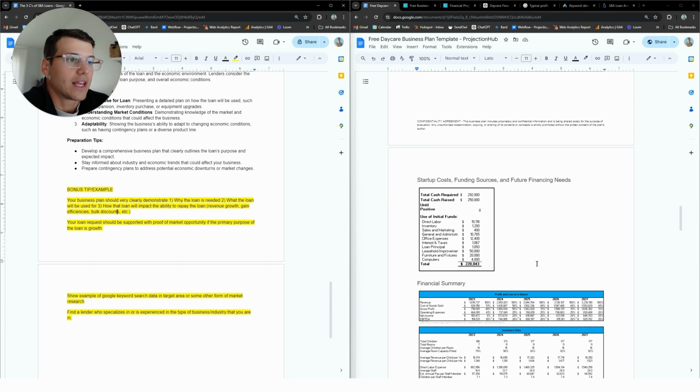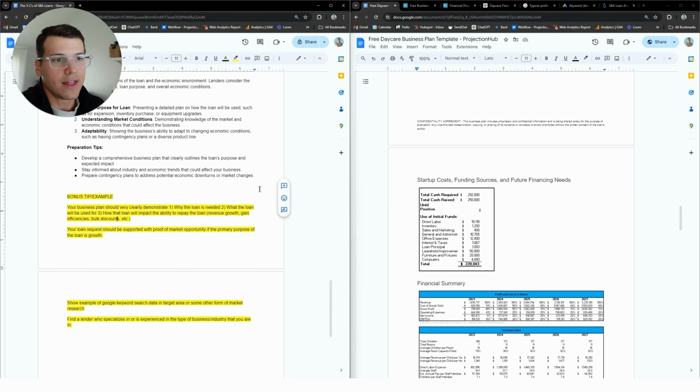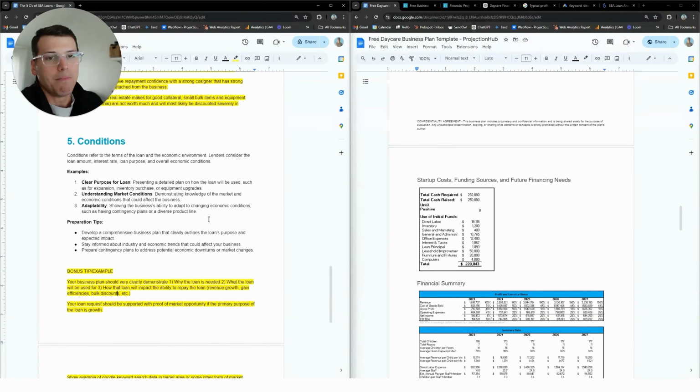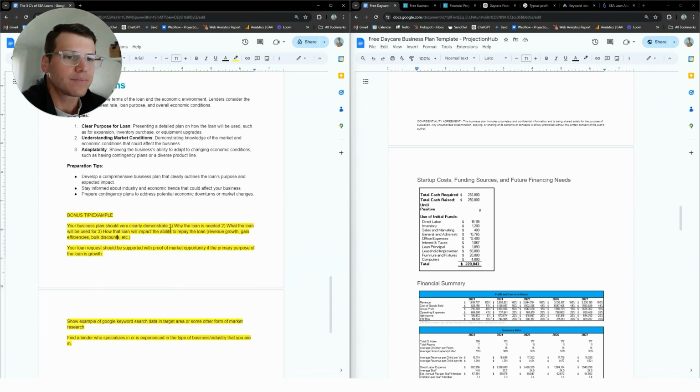That can help offset the risk of these macro things you can't control, by very clearly defining why those things aren't as concerning, because here's why this loan is going to work. The more we can give confidence that repayment of the loan is not going to be an issue, that helps meet this conditions use case.